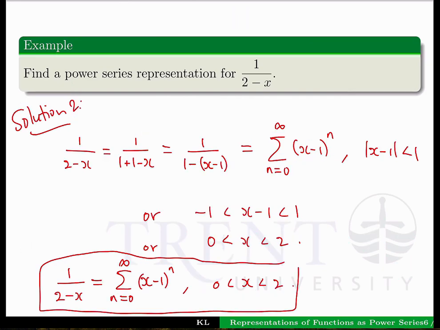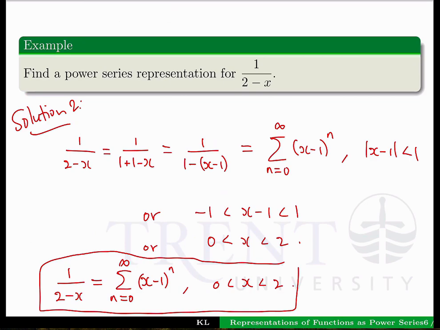Now the point that I want to make here is that if you are given a function, you can actually construct many power series representations by using a different center. And with a different center, possibly the interval of convergence will also be different.